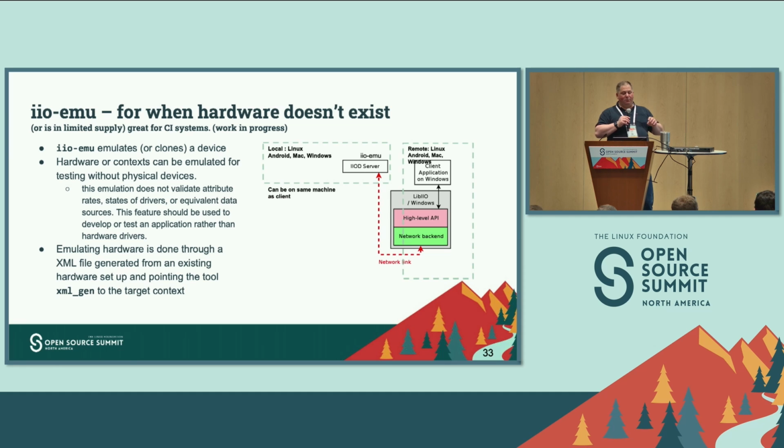You point an application called XMLGen at a real IIO device. It'll capture that context in an XML file, and then IIO emulation, iio-emu, will serve up an emulated context on the network for you. That way you don't have to have the piece of hardware beside you.